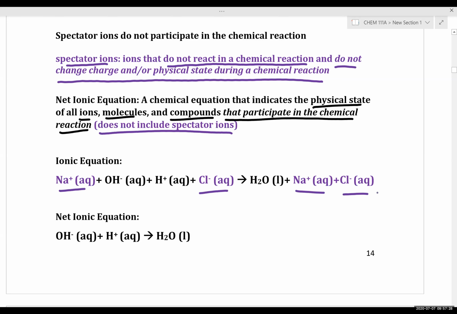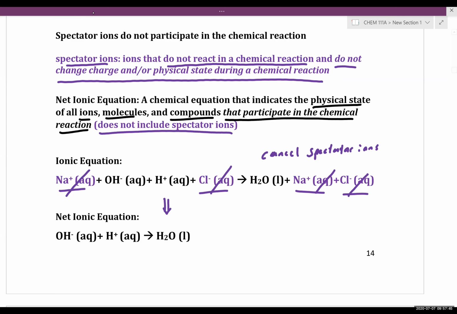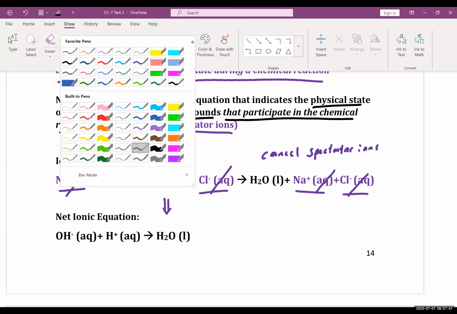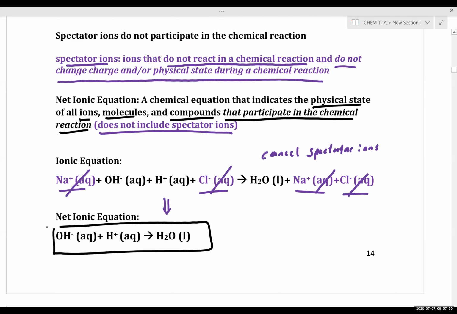So we can cancel our spectators. That gives us the net ionic equation, which only describes the chemical species and ions in solution that are participating in our chemical reaction. So once you have your total ionic equation, you identify your spectator ions and then cancel them in order to determine the net ionic equation.